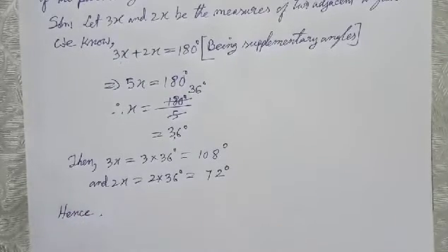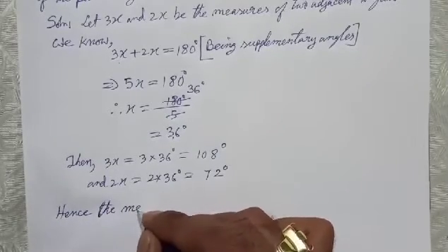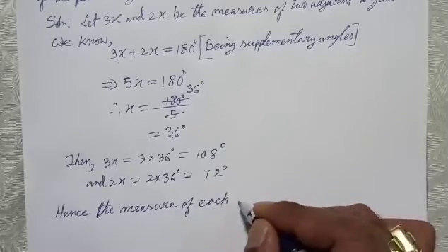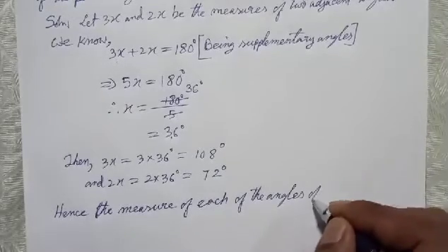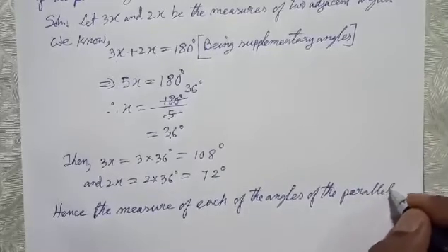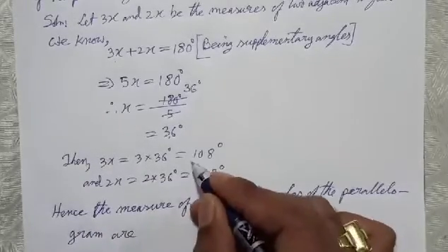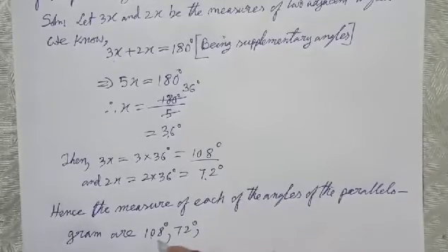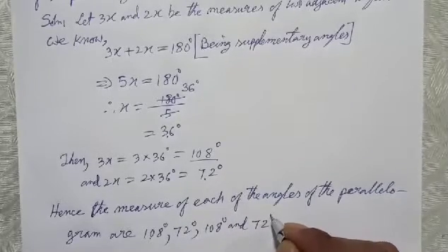Hence, the measures of each of the angles of the parallelogram are 108 degree, 72 degree, next is again 108 degree and 72 degree.